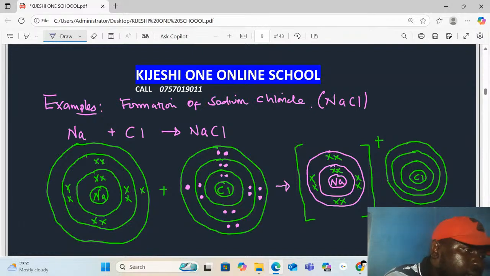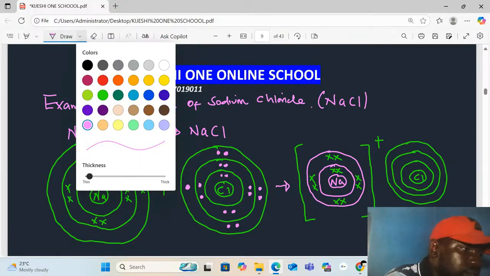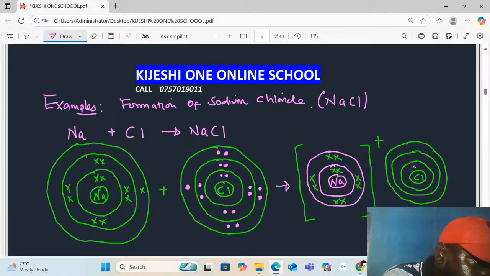Therefore, let me use this one. So at first, it had this number of electrons: first pair in the first energy level, 4 pairs in the second energy level. Then we have the last energy level with 7.